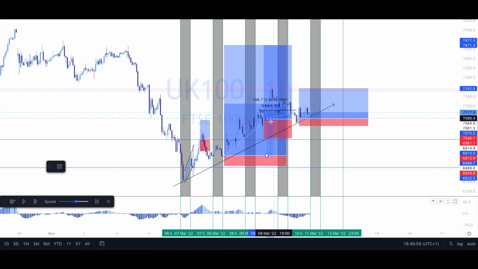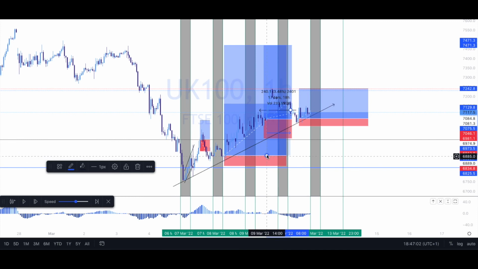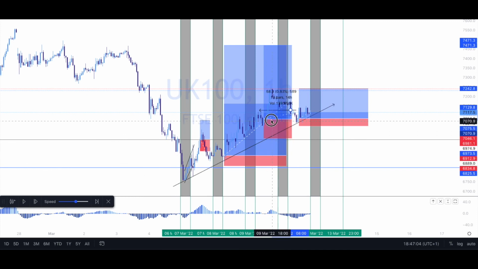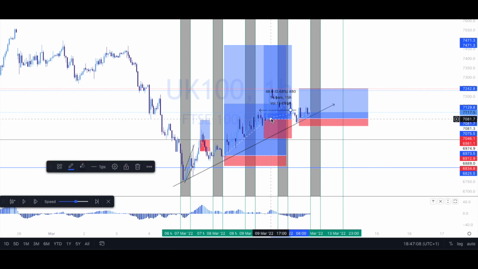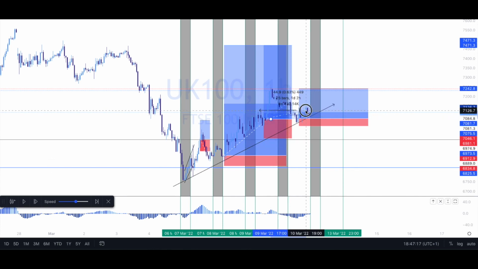Then we added on some orders as well, and that is it over here. And this order right here gave us 48 pips, right?